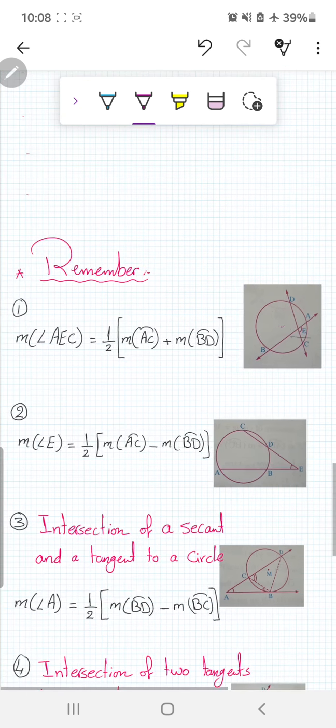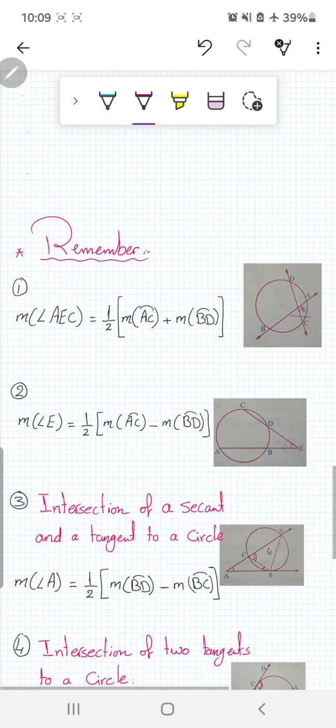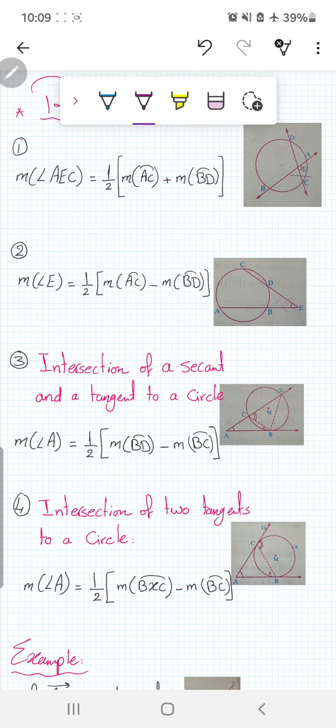If the two chords intersect outside the circle, the measure of angle E equals half the measure of the greatest arc AC minus the measure of arc BD. Also, for a secant and a tangent, where AD is a secant and AB is a tangent, the measure of angle A equals half the measure of arc BD minus the measure of arc BC.